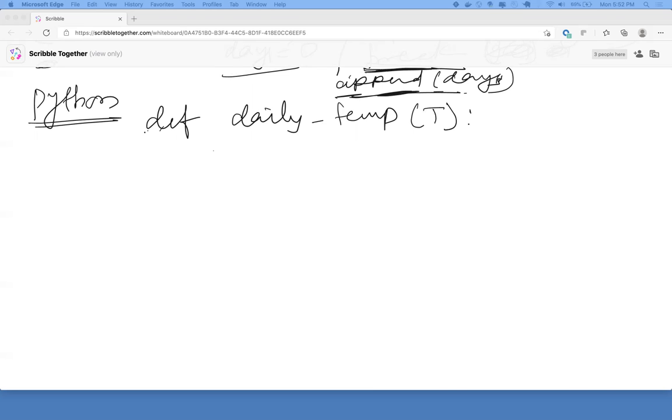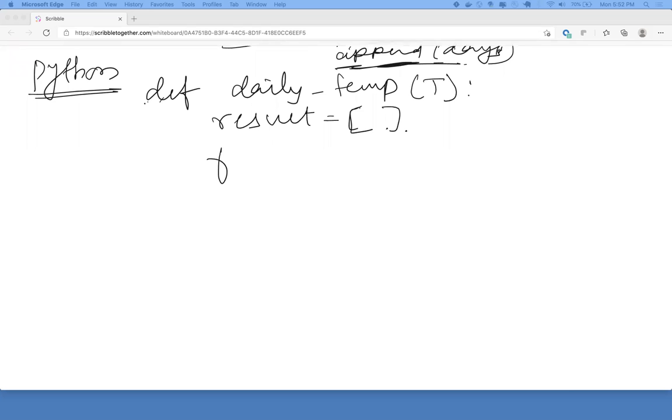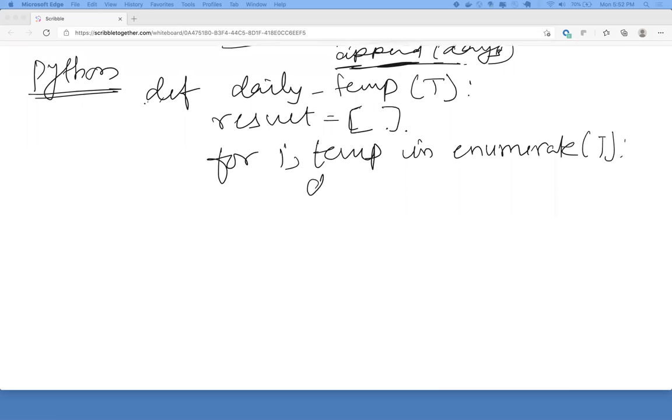Okay, so let's say this is the result you want to return, right? Let's say it's empty. Now for i, temperature in enumerate T, let's say your days equal to 0 over here.